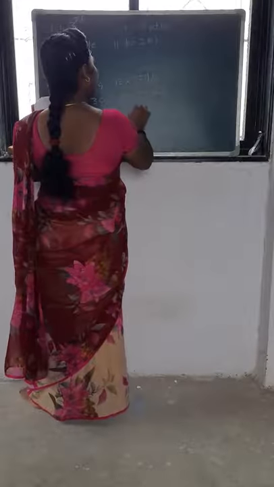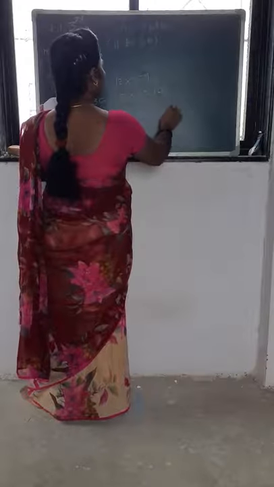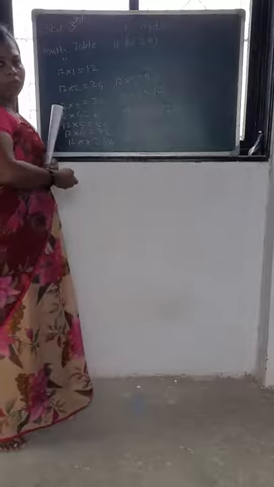And 12 multiplied by 10 is equal to 120. This is table of 12.